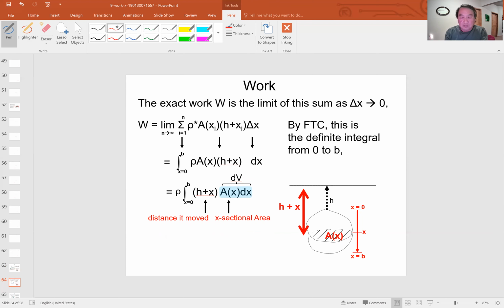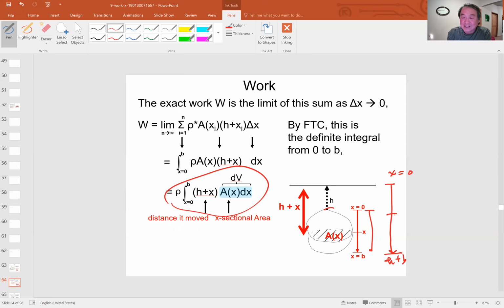Another thing I have to point out: these formulas only apply when I set my x starting at 0 over here. But I could set the original x from here equal to 0, and then in this case, all the way to the bottom will be h plus b. Here's h, and down below is b, and the solid will start at a point where x is h.